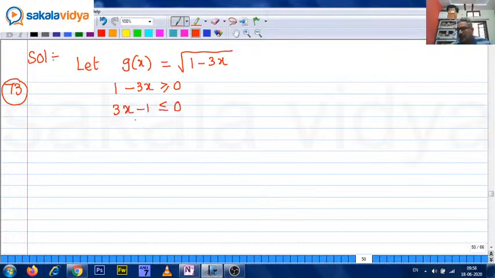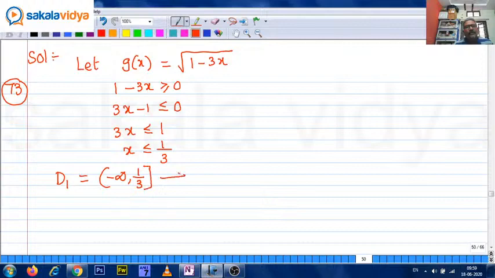Am I correct now? 3x is less than or equal to 1. x is less than or equal to 1 by 3. Now the domain d1 equals minus infinity to 1 by 3 closed. Say equation 1 this is.